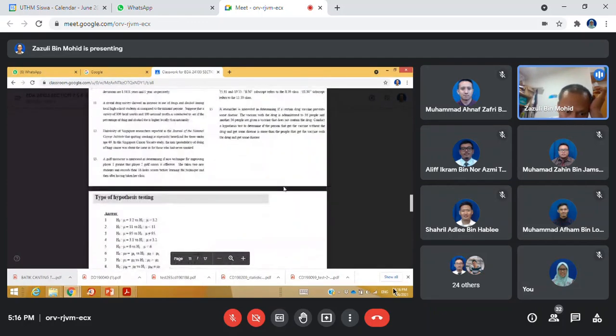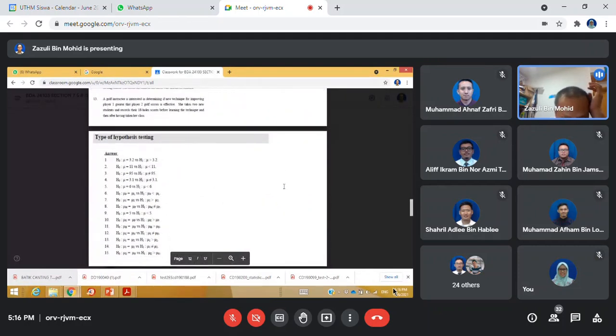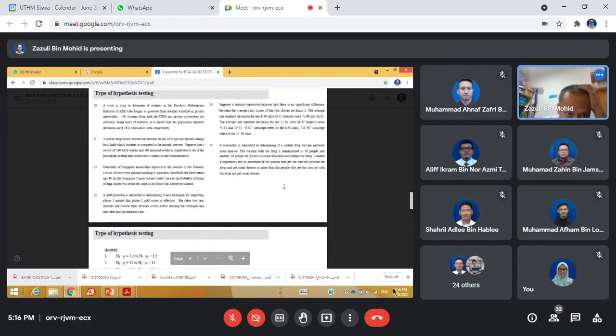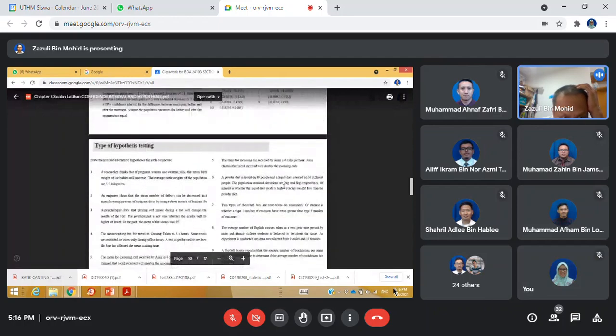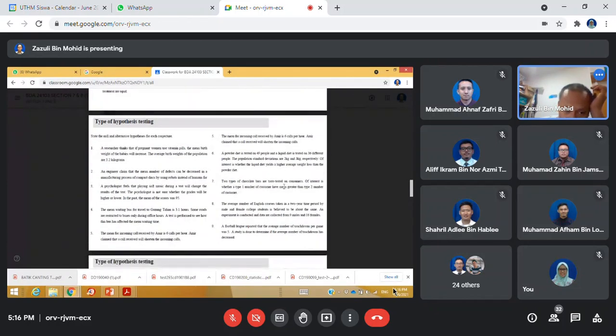In this hypothesis testing you also have the answers here. It is not comparing, it is just how you are going to state the hypothesis, null and alternative hypothesis.